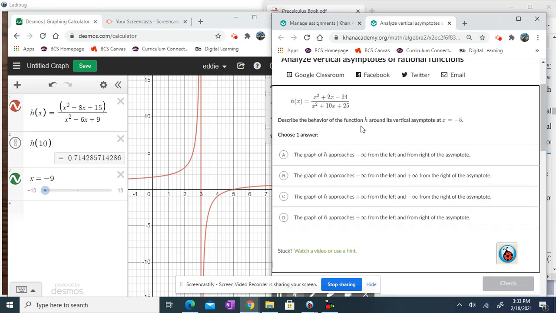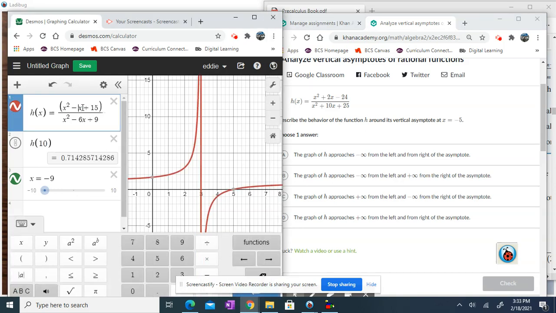This one, describe the behavior of the function around this vertical asymptote at x equals negative 5. So let's put that in there. So that's plus 2 here. And minus 24.